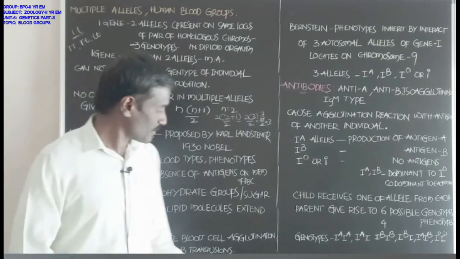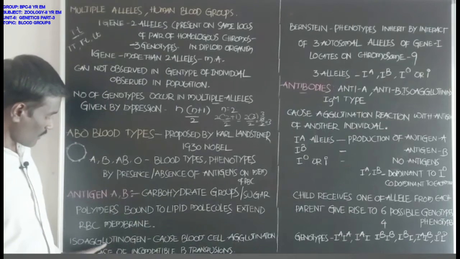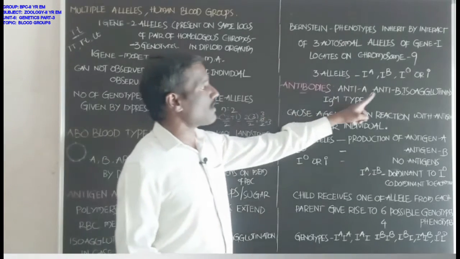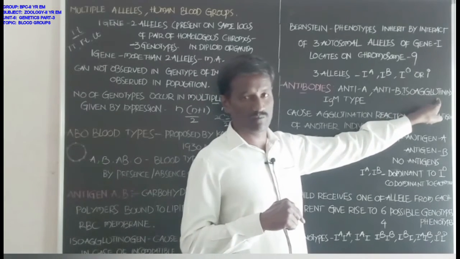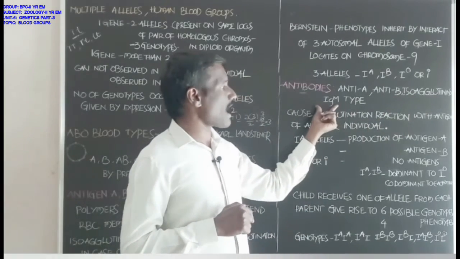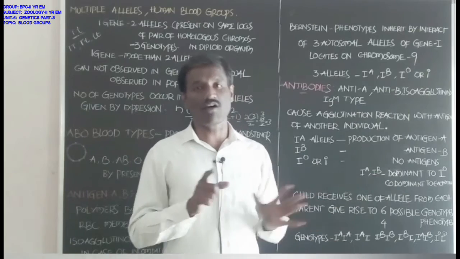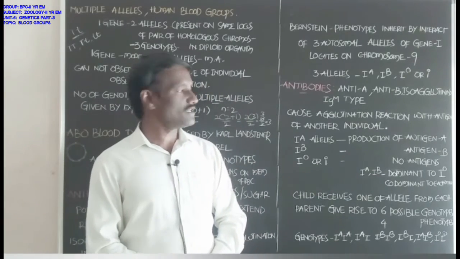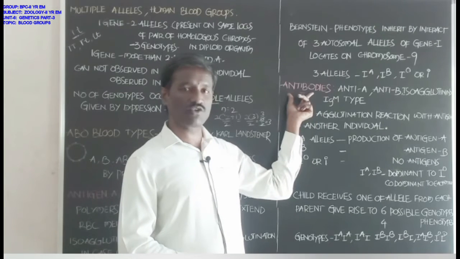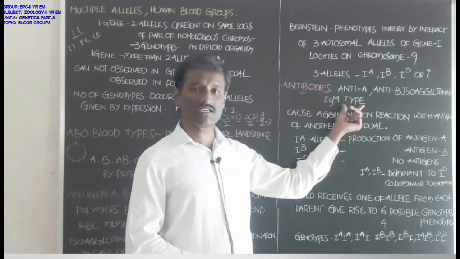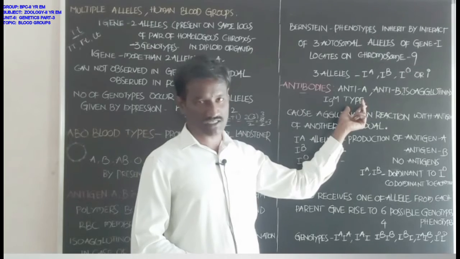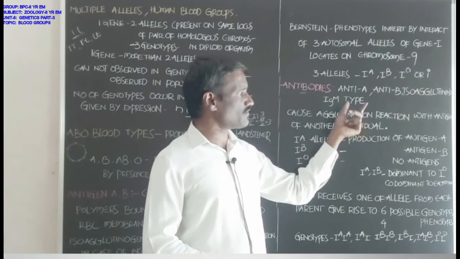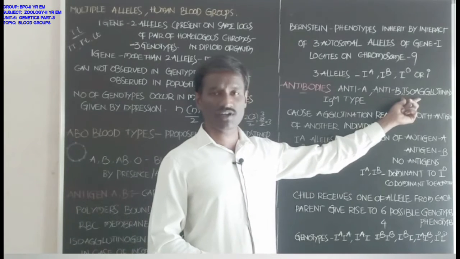Okay, student. Antigens are called isoagglutinogens, and antibodies are called isoagglutinins. These are IgM type of antibodies. The blood group antibodies are IgM type based on structure. Why are these called isoagglutinins?